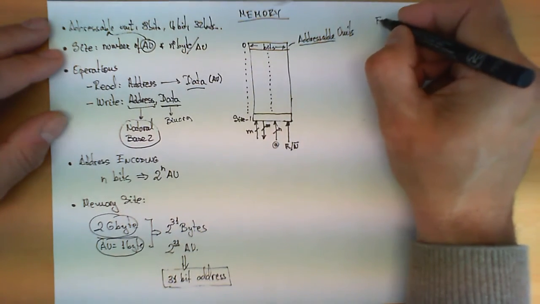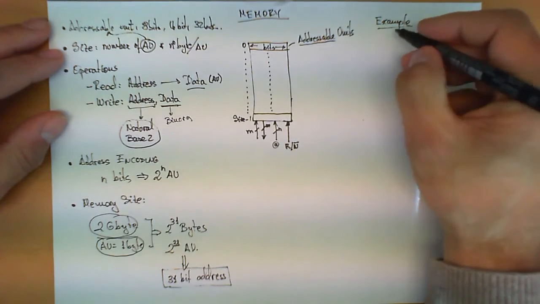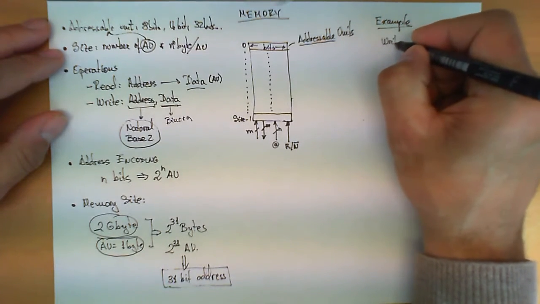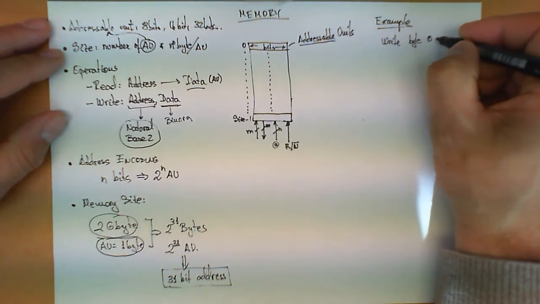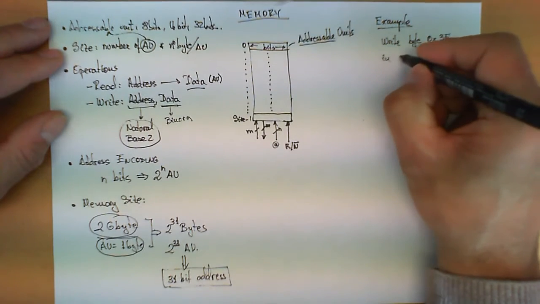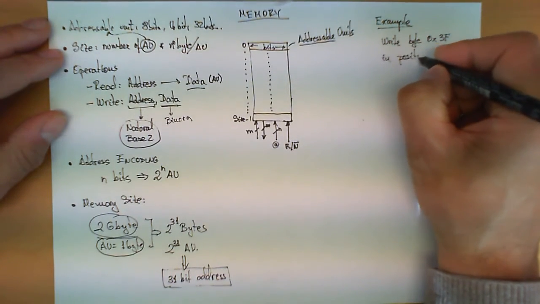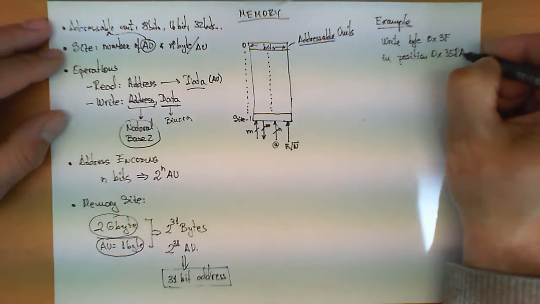So, a very simple example: suppose that we have a chip and the operation we want to do is to write a byte with value, let's represent it in hexadecimal for convenience, 3F, in address 0x358A.